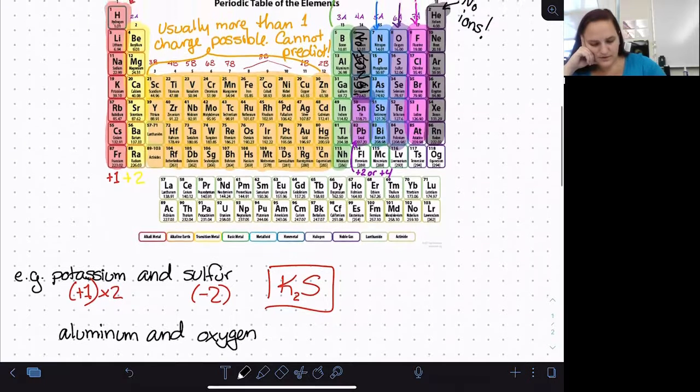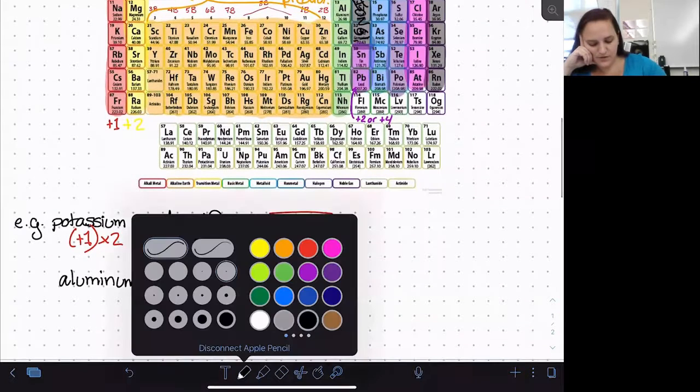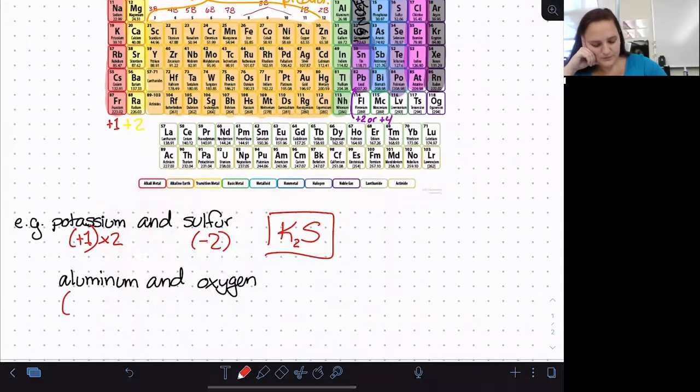So if we look back to our periodic table, we're looking for aluminum, which is over here, and its family usually likes to have a +3. And oxygen is in the same family as sulfur, so that likes to have a -2. So aluminum +3, oxygen -2.